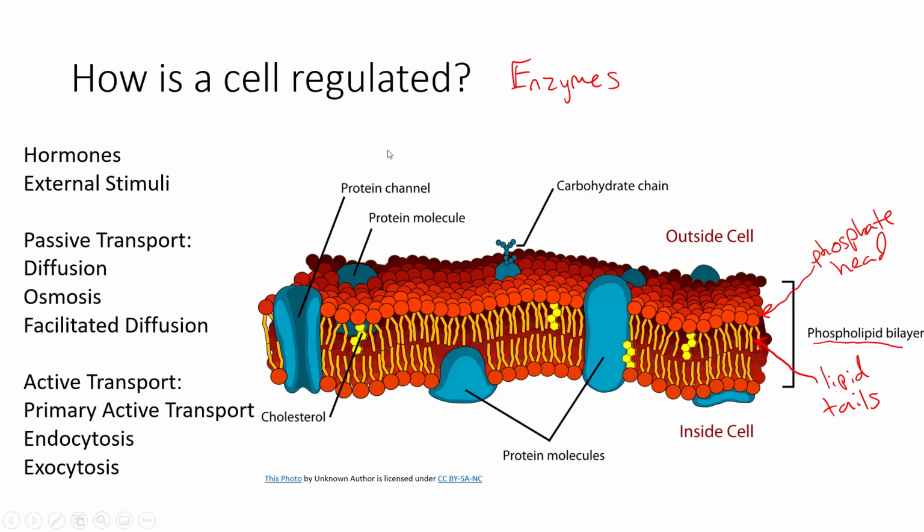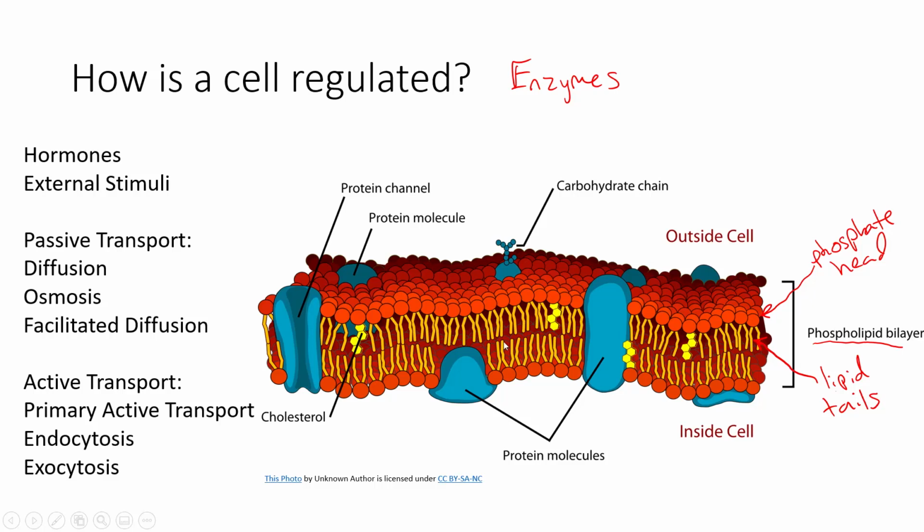But molecules typically can't just go from one side to the next, especially since these lipids are in here. If you've ever tried to mix oil and water, you know that's pretty difficult to do. You can mix them together temporarily, but eventually the oil or the fat will separate from the water. So if we have water on the outside of the cell and it wants to get to the inside of the cell, it can't go through here because these lipids will prevent the water from going through.